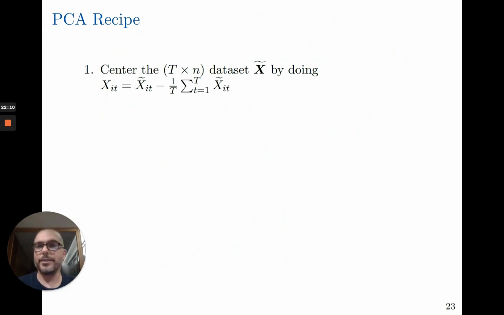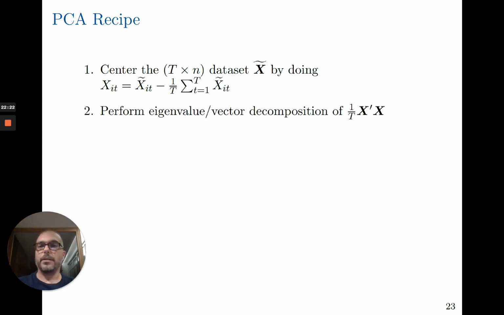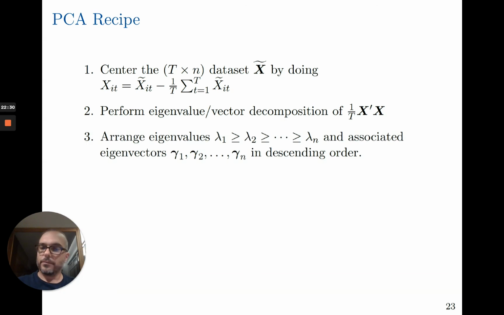To summarize, let's see what's the PCA recipe. Take data that's uncentered, x tilde, and center the data, so you're going to have x. Perform eigenvalue, eigenvector decomposition of the sample covariance, 1 over T x prime x.